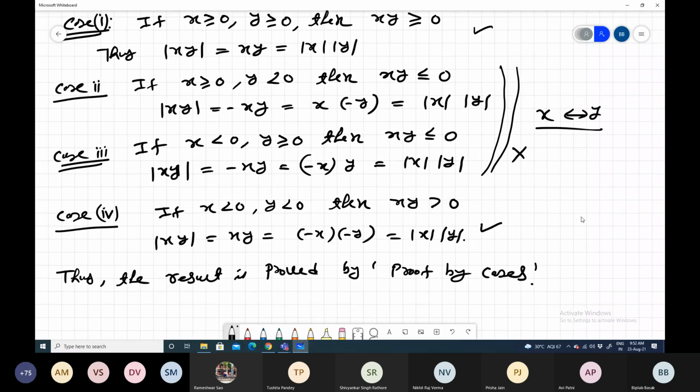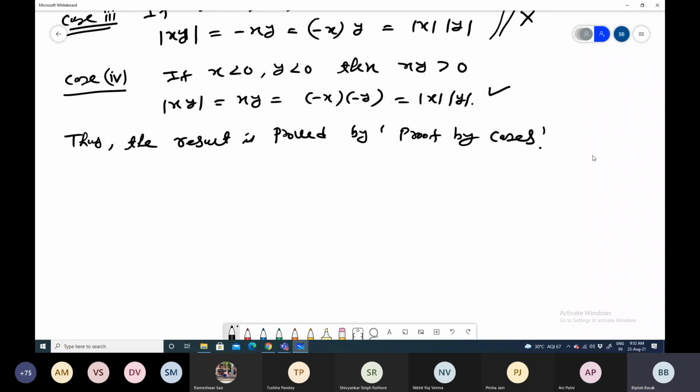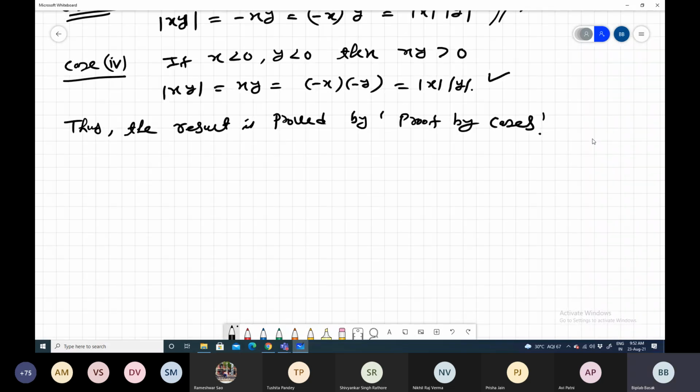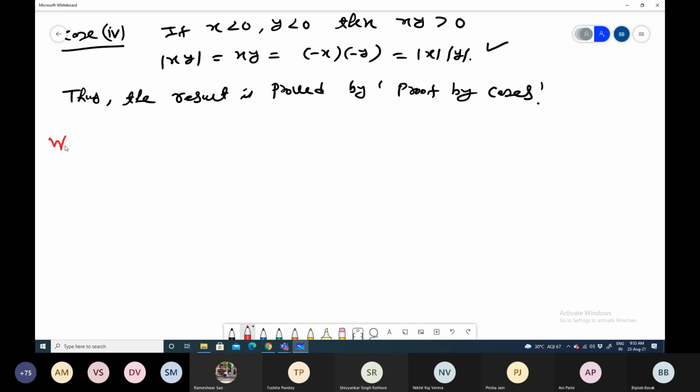So therefore, we have a term called without loss of generality.